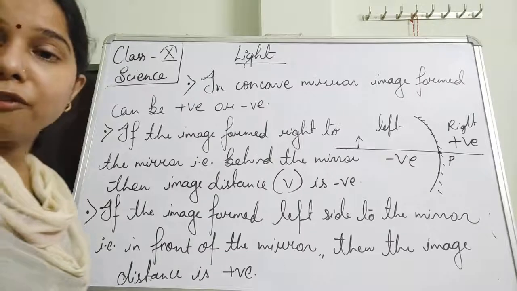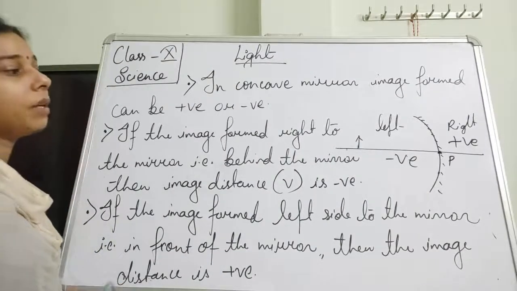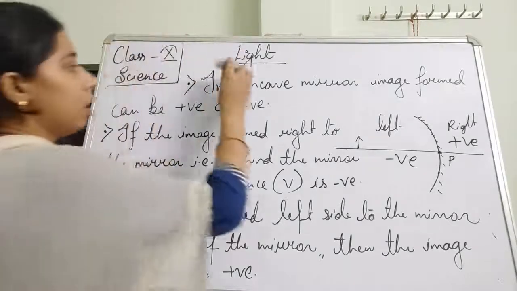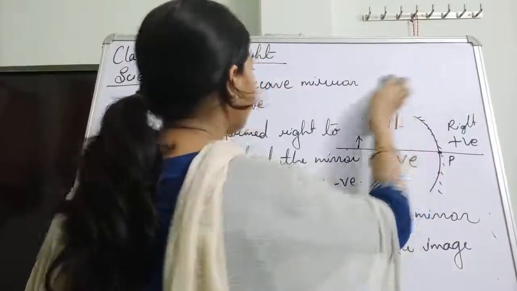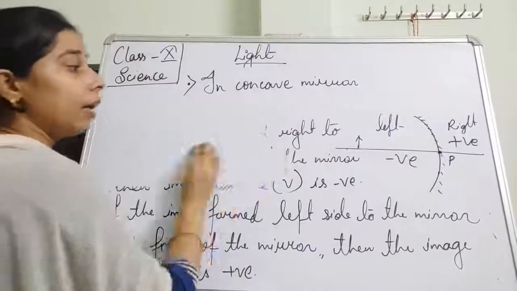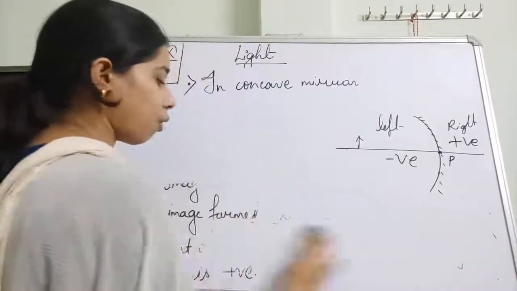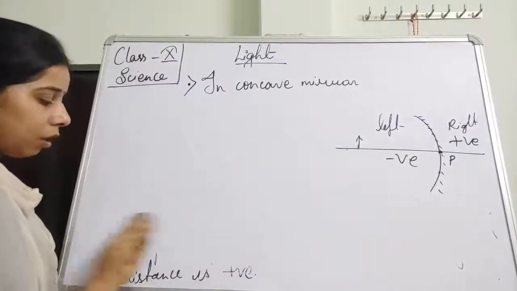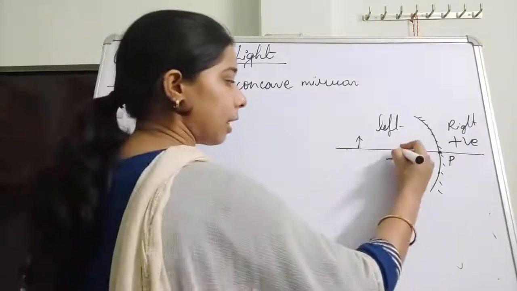Now, what about the focal length, students? So this is about the object and image distance. What about F, students? What about the focal length? In case of a concave mirror, since you know that the focus is always to the left side. You have seen, students, in case of a concave mirror, since it converges in front of the mirror, the focal length is always to the left side.